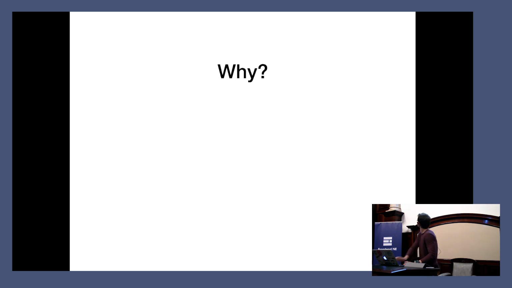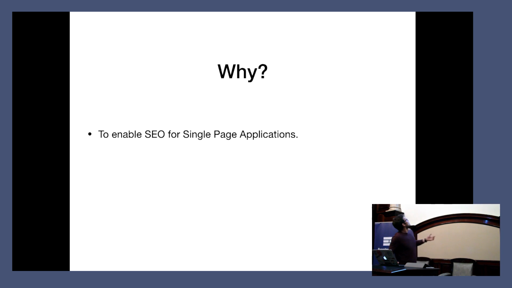Okay, so why isomorphic JavaScript or universal? Why did it become a thing? First of all, to enable search engine optimization for single-page apps. Obviously, nowadays Google will execute JavaScript and be able to parse the site anyway. I'm not really sure about Facebook, Twitter, and similar crawlers.